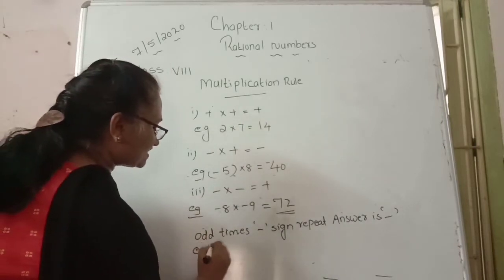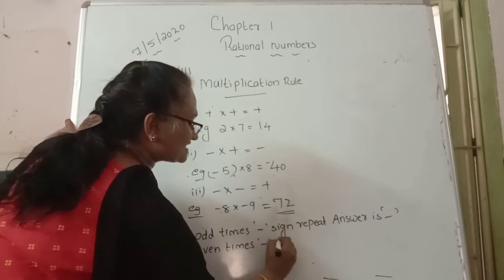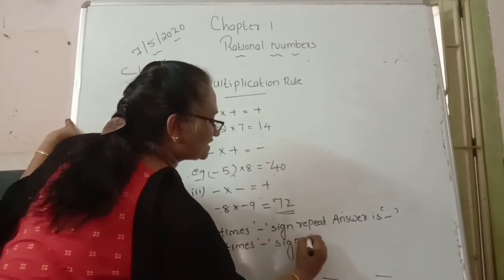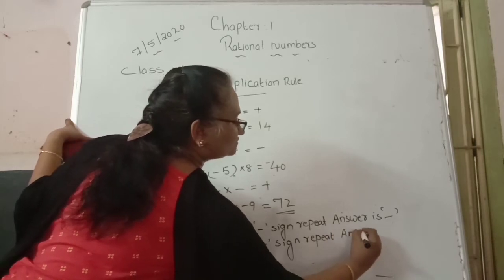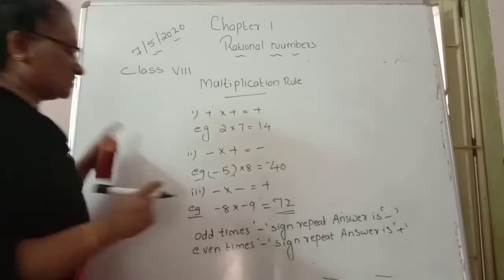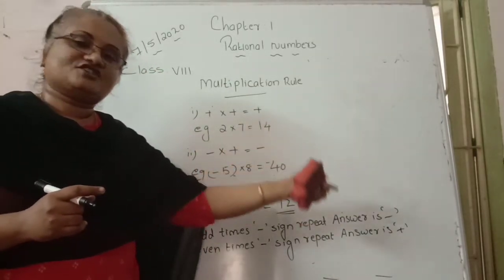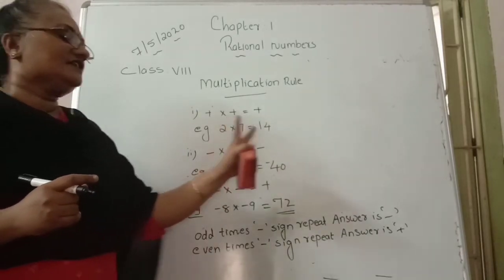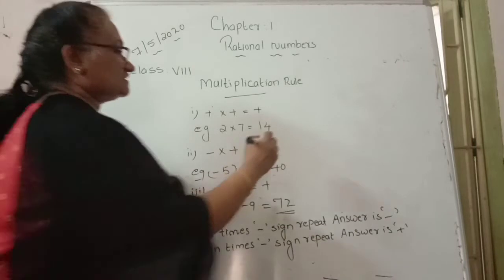Then if the minus sign is repeated an even number of times, the answer will become a positive answer. If the minus sign is repeated an odd number of times we get a negative answer. If the negative symbol is repeated an even number of times we get a positive answer.